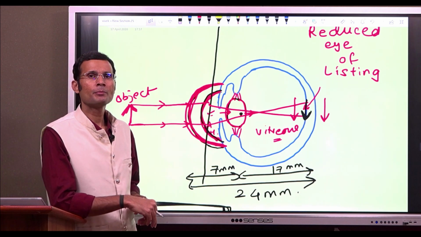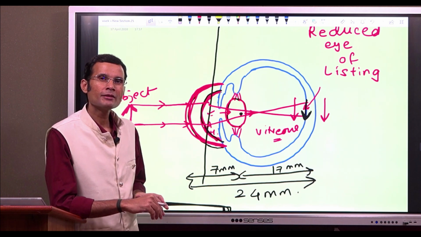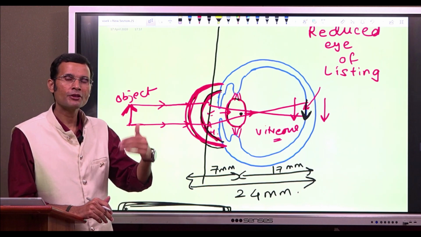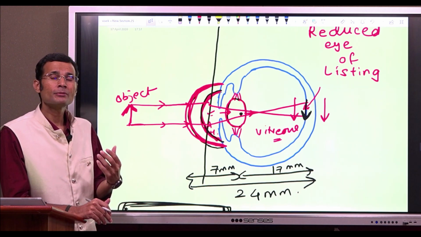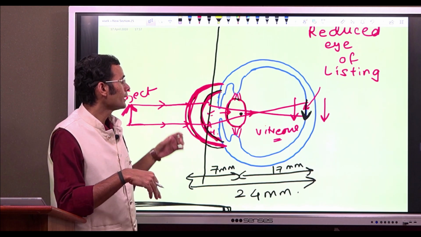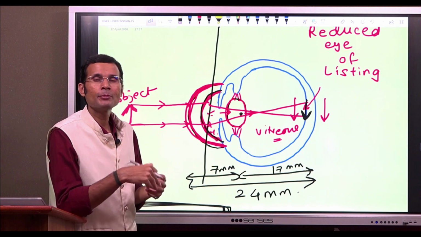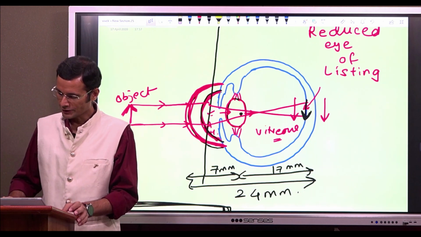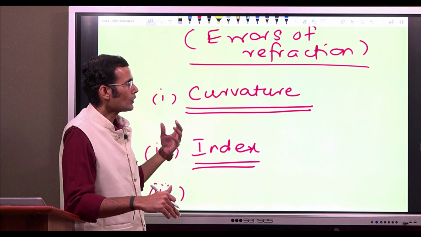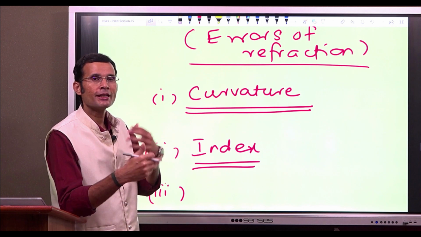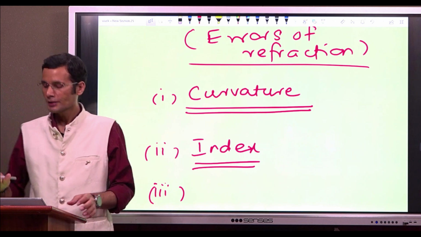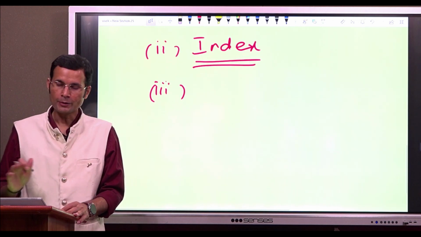Presbyopia, for example: what happens is the lens protein is hardened after a certain age, after the age of 40, and since the lens capsule is hardened and the lens protein is coagulated, the lens is not that flexible anymore. In such a scenario, the refractive index of the lens will be altered, or the lens cannot change its curvature. This will result in index ametropia.